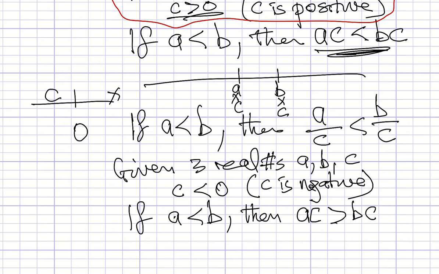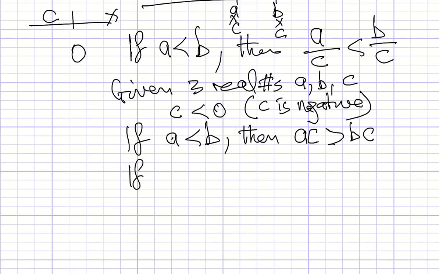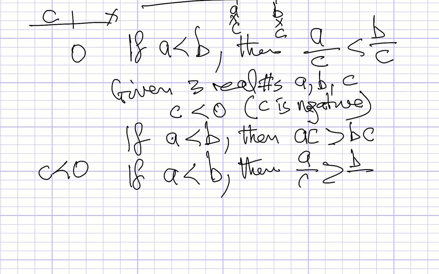It reverses the direction of the inequality. You can call it the order or the direction of the inequality. You will reverse it when it's negative. The same thing with division. If A is less than B and C is negative, then A divided by C will be greater than B divided by C, as long as C is negative.